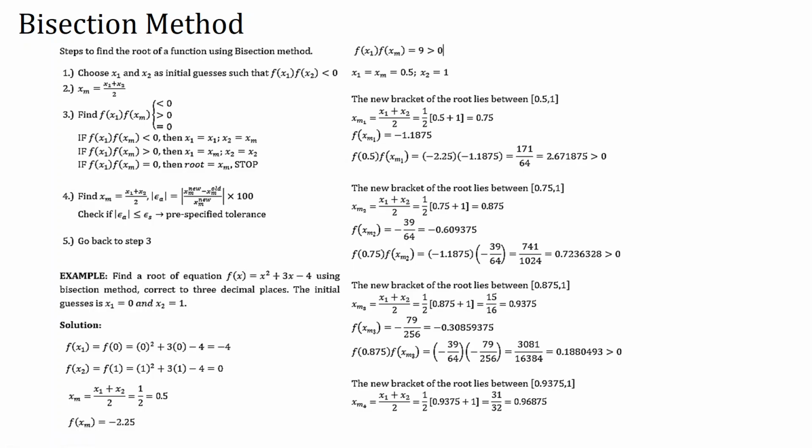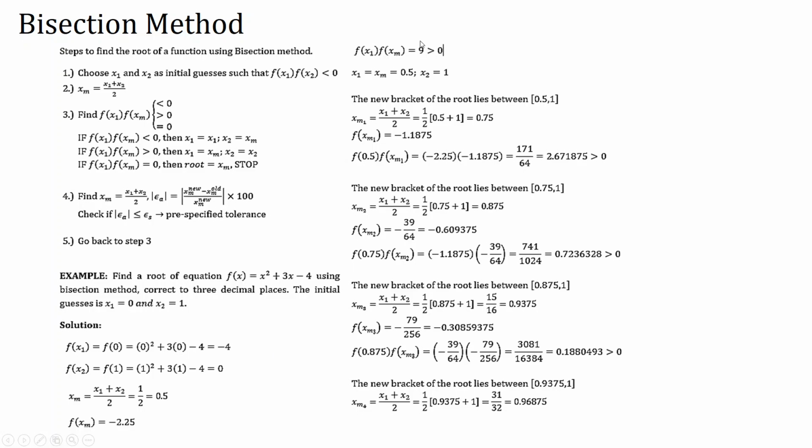Now in the next step 3, we have to evaluate f of x1. We have f of x1 is negative 4, multiplied by f of xm, that is negative 2.25. So negative 2.25 multiplied by negative 4 is 9.